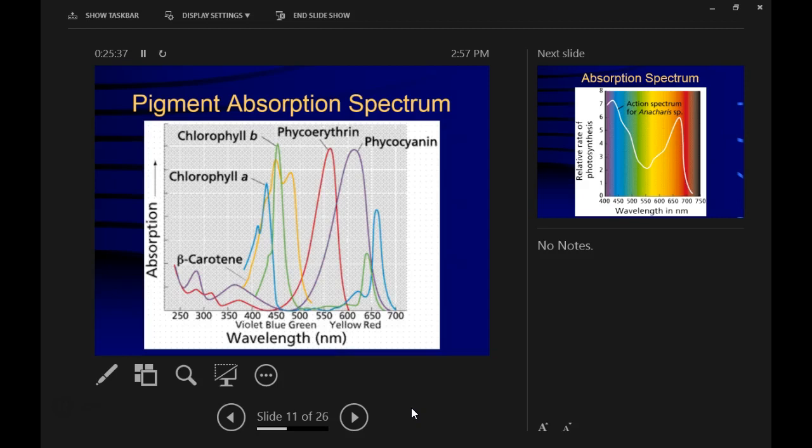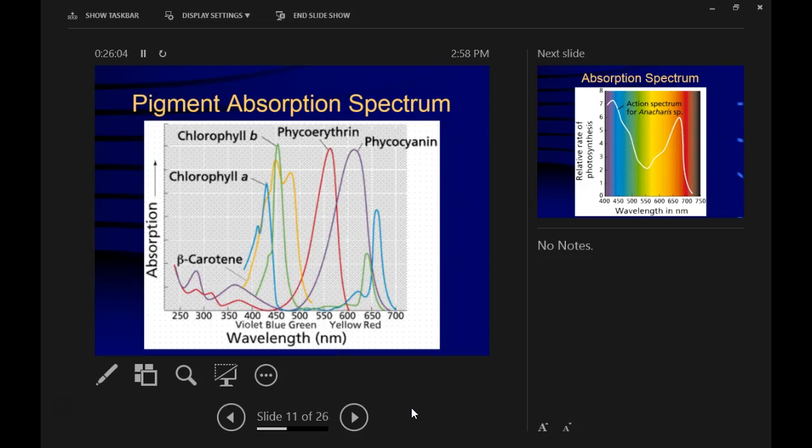That way they can absorb light energy from every visible wavelength. If you look, for example, at chlorophyll B, which is right here, you can see that it absorbs greatest here at about the blue-green region. So in this case, this extends the absorption spectrum for the plant.